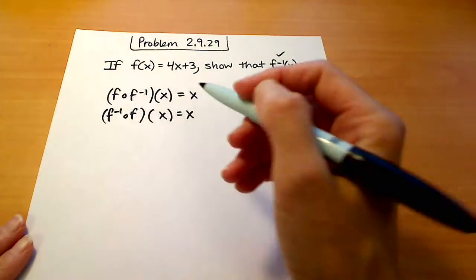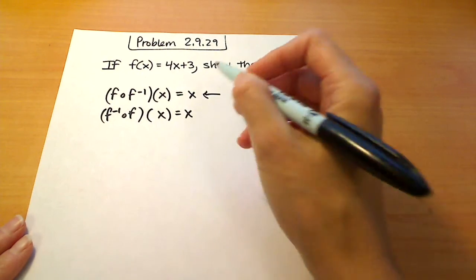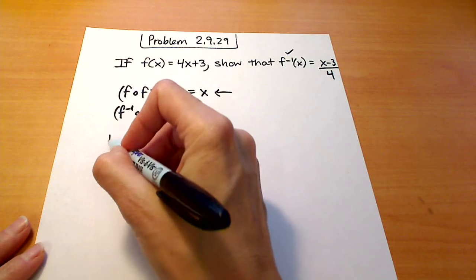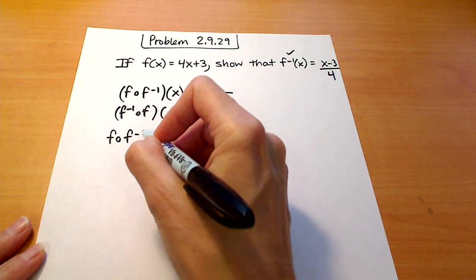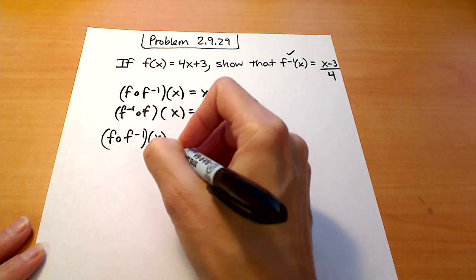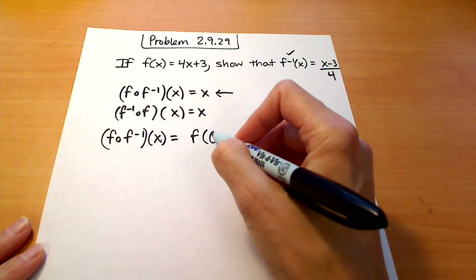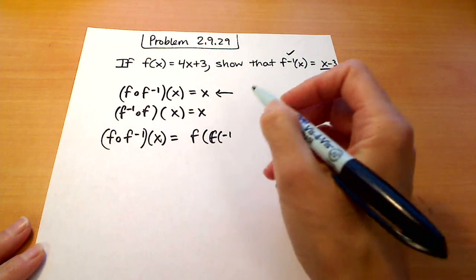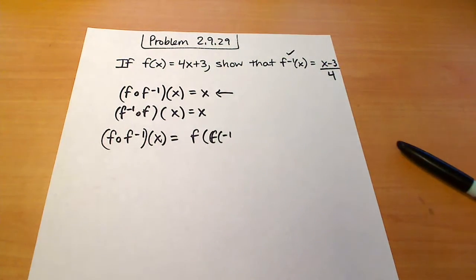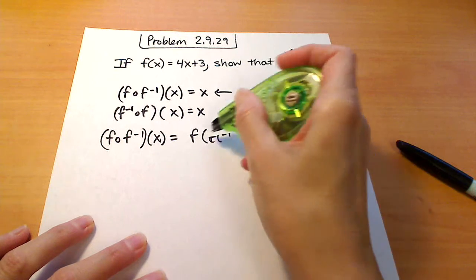Okay, so I'm going to go ahead and start by showing this. So if we're going to take f and compose it with the inverse, that tells us that we're looking at f of the inverse.